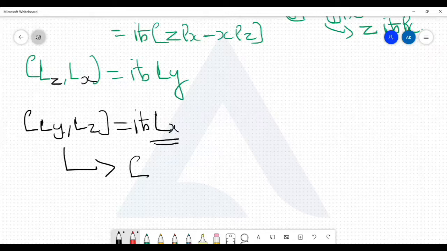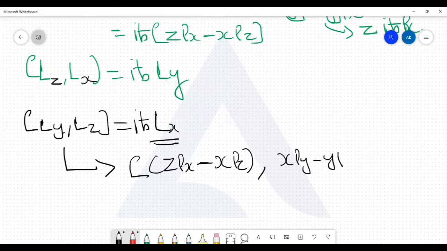First, what is Ly? Ly is z px minus x pz. Commutator with Lz, that is x py minus y px. First term, try to write it out.